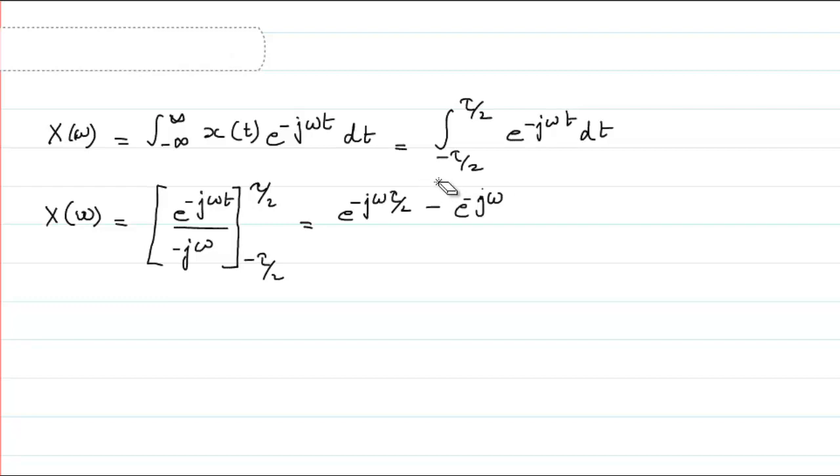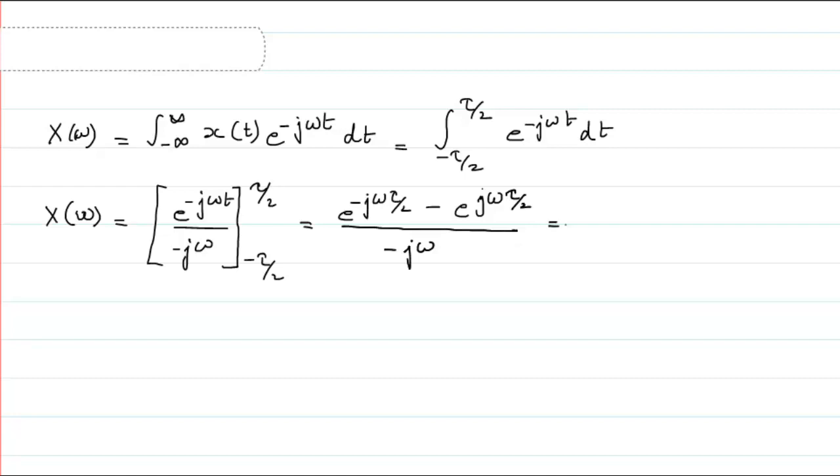So that minus and this minus becomes plus. So what remains is tau by 2 divided by minus j omega.